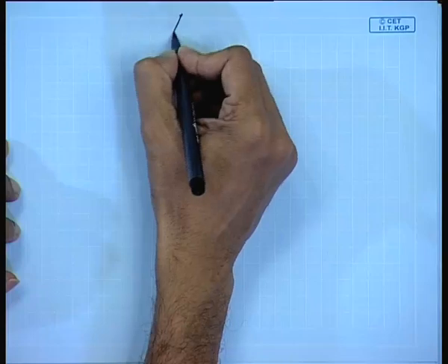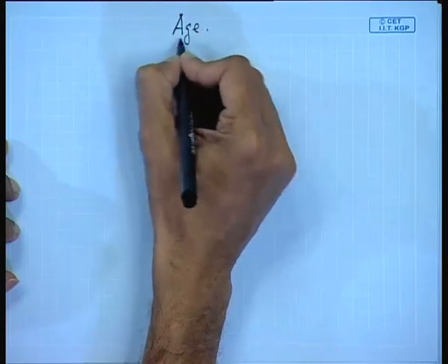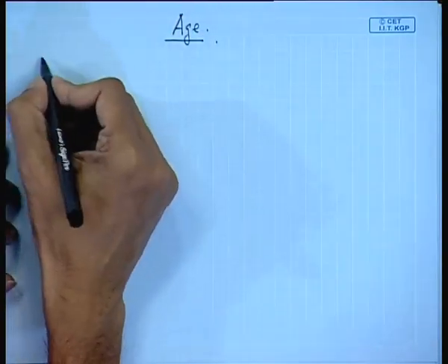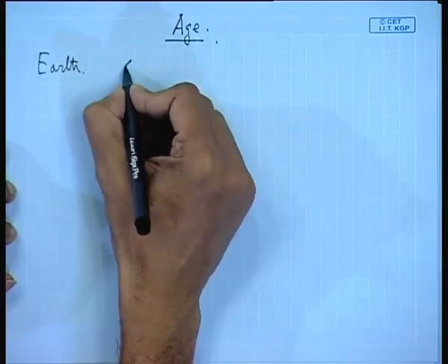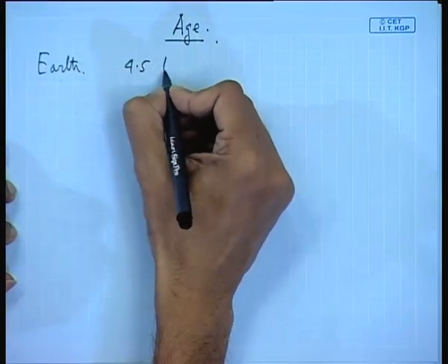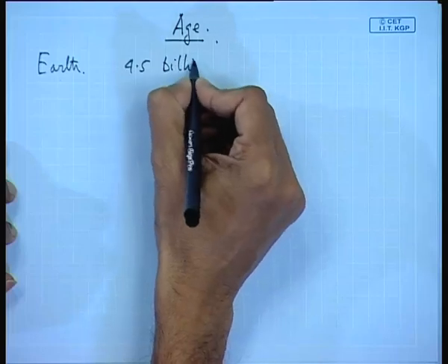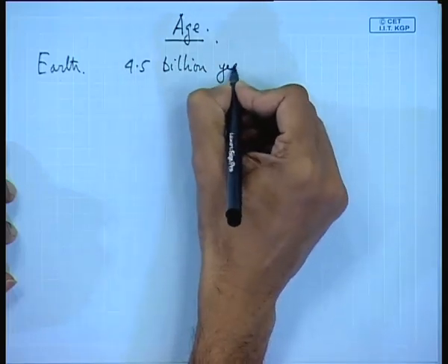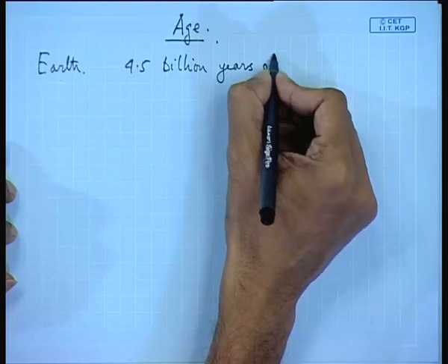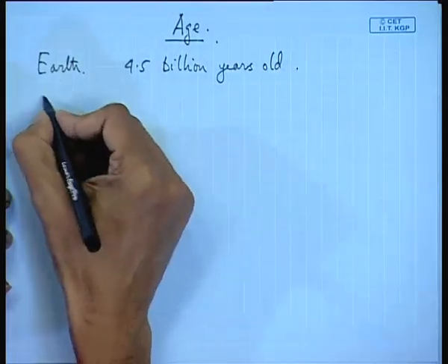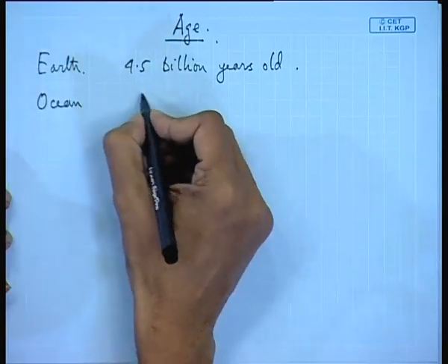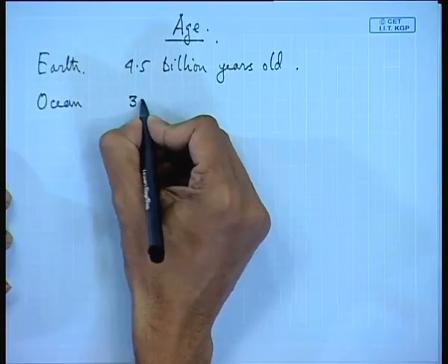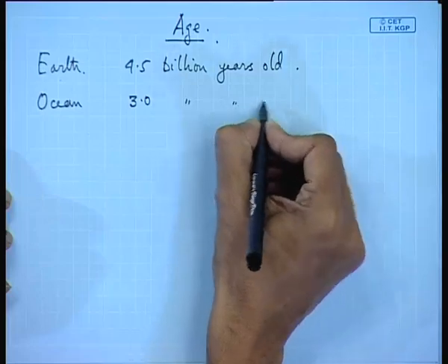Age wise, the earth is 4.5 billion years old. Now, oceans, I told you, are relatively younger. So, this is only 3 billion years old.